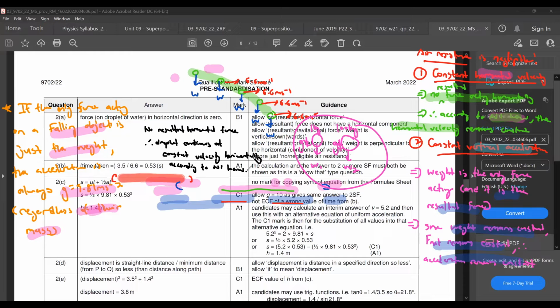Okay, this is something like a full answer to really understand what's happening. No resultant horizontal force, therefore droplet continues at constant velocity horizontally according to Newton's first law. Okay, so this one is for this part.